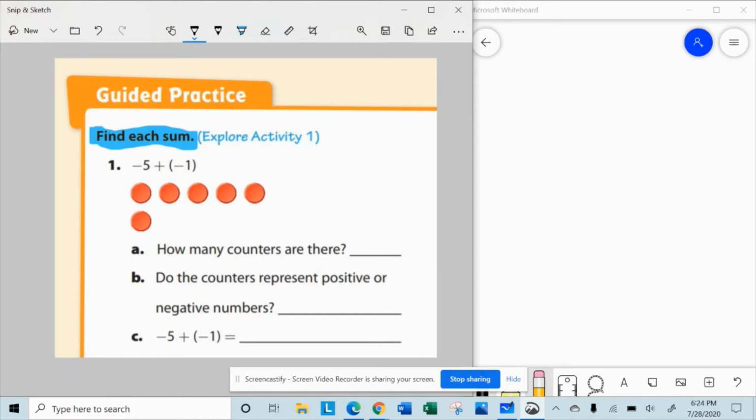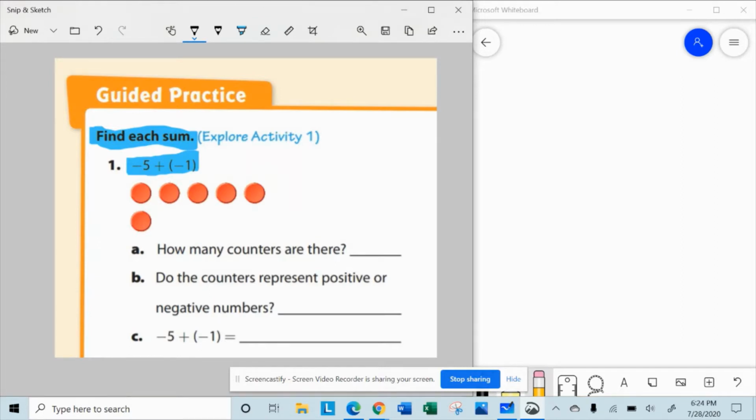Now, when we look at this, we have -5 plus -1. So here we want to make counters for each number, counters that represent the -5 and counters that represent the -1.